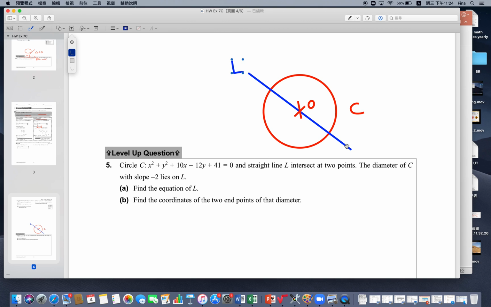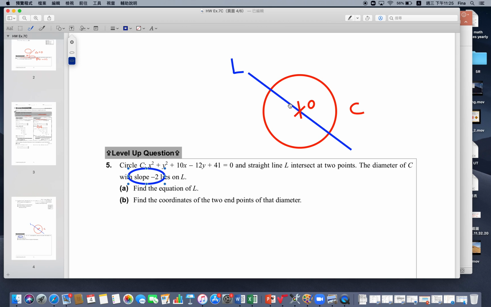That means the slope of this line segment is equal to 2, okay? And then I can also find the center of the circle O from the equation of the circle.